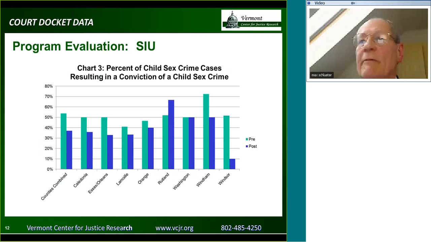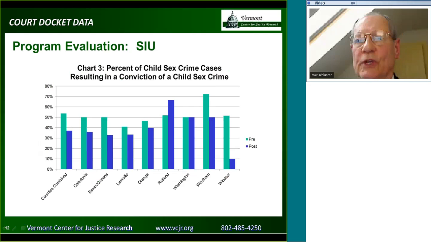We have been successful using court data for program evaluations. In this particular project, we are evaluating special investigation units, which are special police units designed to investigate child sexual crime and adult rape. Their objective is to bring better cases to the court.